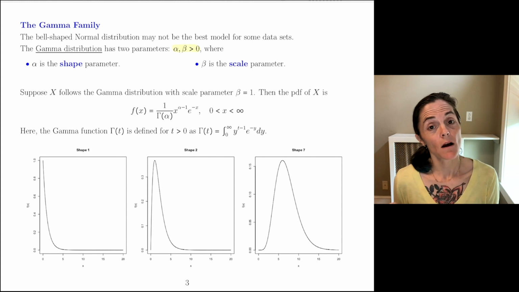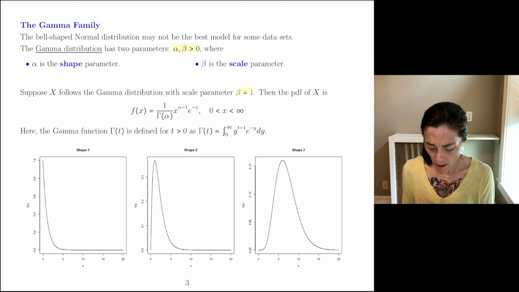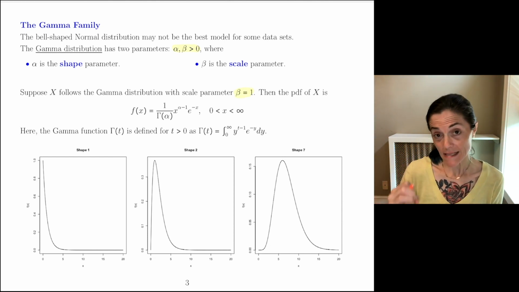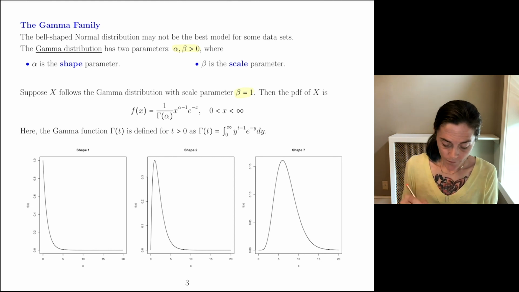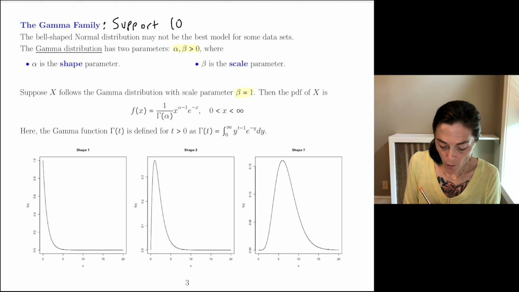So I'm going to start with a special case where the scale parameter is 1. Sometimes texts will call this the basic gamma distribution. For instance, maybe before I say anything else, all of these in the gamma family have support 0 to infinity, so positive real numbers.